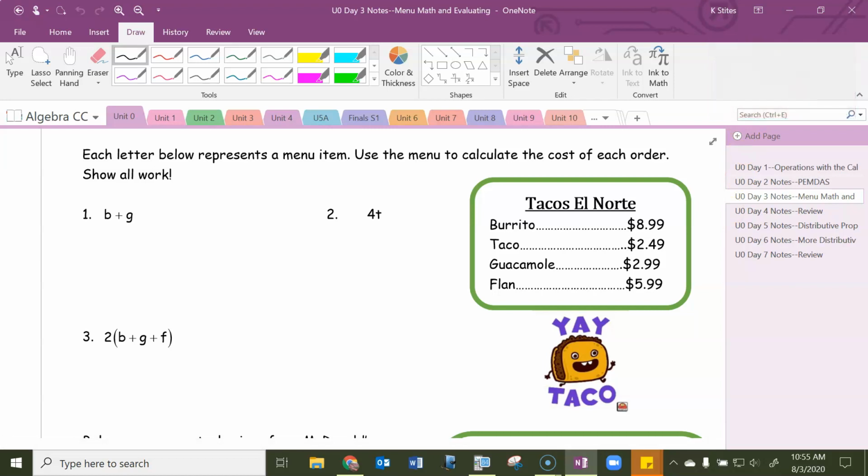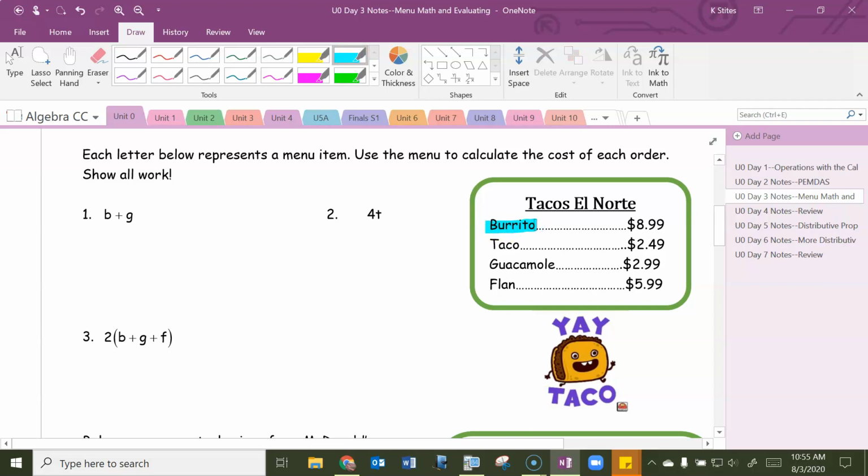All right, so here we go. So B plus G, what do you think that would mean here? Well, the B is talking about the burrito, and the G is just talking about the guacamole. So we're just going to put the burrito is $8.99 plus my guac is $2.99.